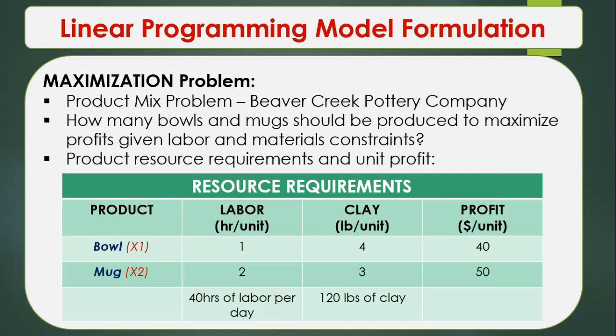And as you can notice as well, to answer this particular problem, let us consider the following additional capacity information. In the bottom part of our tabulation, our resource is 40 hours of labor per day, and our availability is 120 pounds of clay.